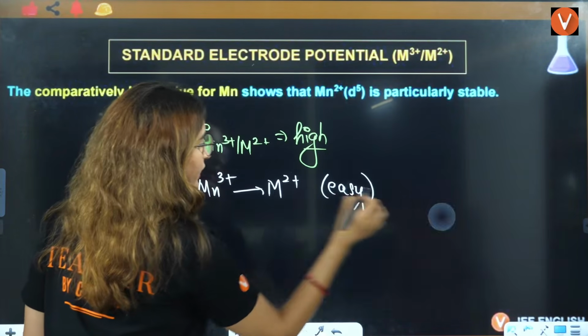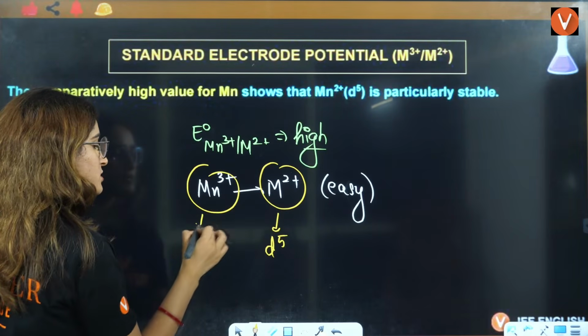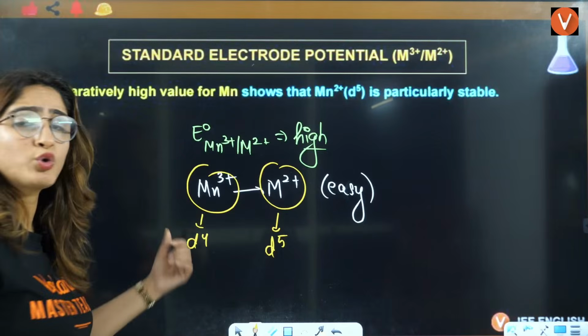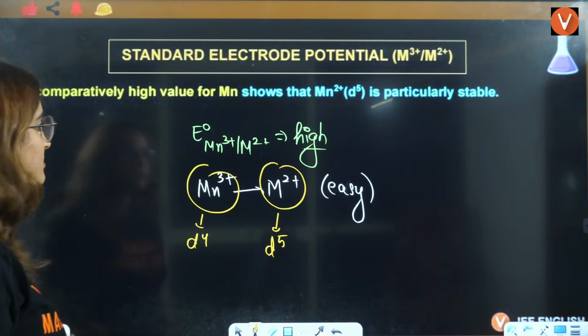Can you tell me why? Because this is d5 and this is d4. To convert d4 to d5 is quite easy. So that is the reason.